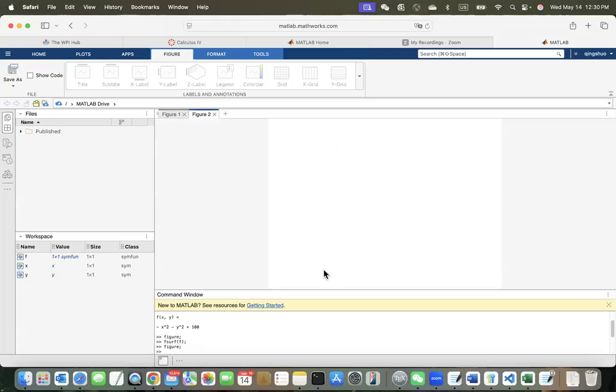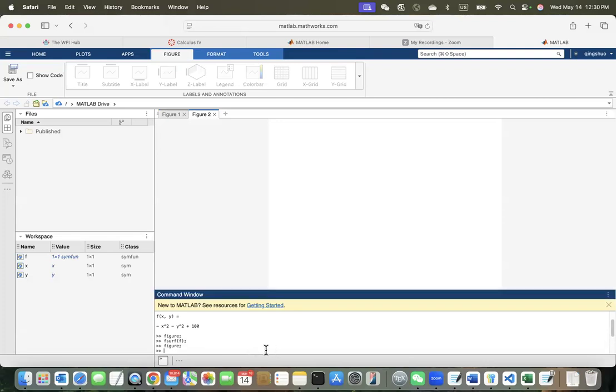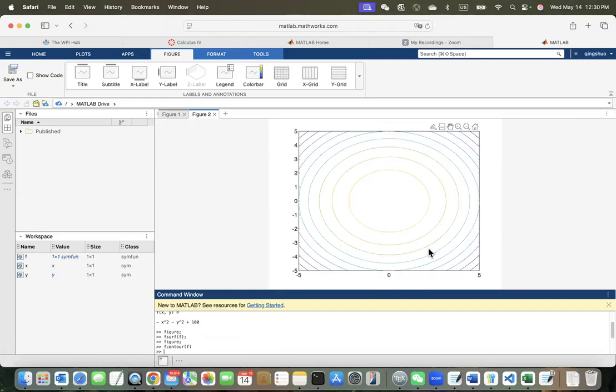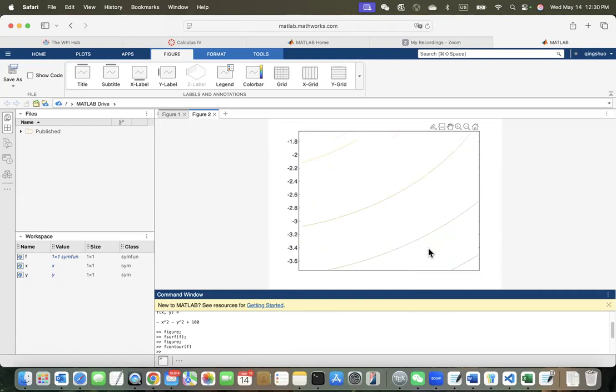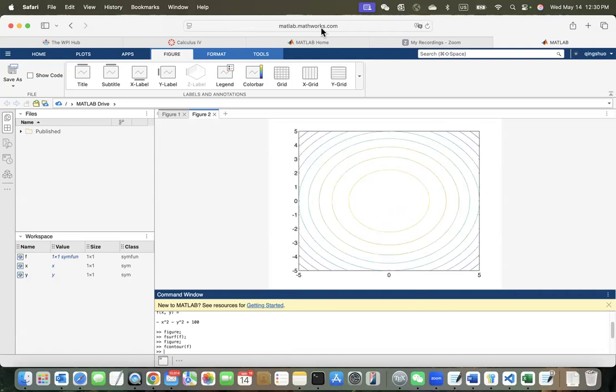This is an empty picture. And I do fcontour f. Then this is what it looked like. All right, this is everything for the first section, and we're going to stop here.